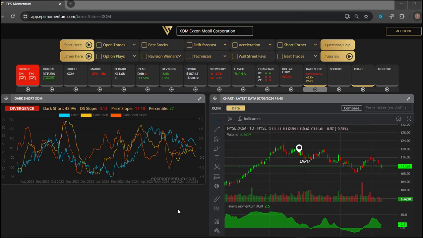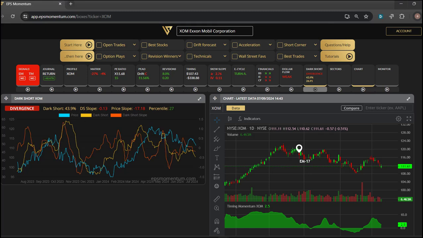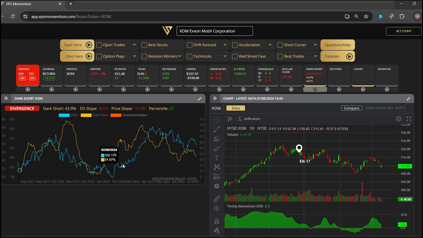So back to our application on EPSmomentum, what we can see here is the widget dark short. On the widget dark short, you have three major curves. One is the price, the other one is the dark short, and the other one is the dark short slope. And you can see also an indicator, divergence or in sync. So let's go over the price and the dark short. Dark short is in percentage terms.